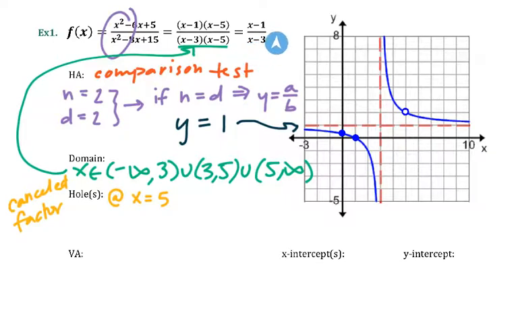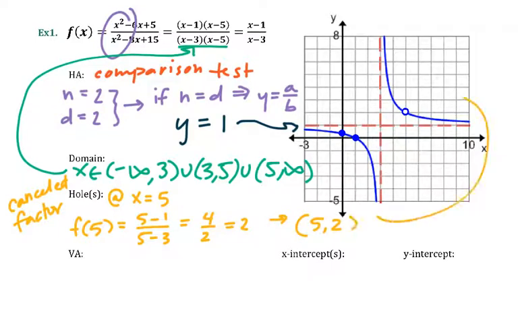So I plug 5 into my reduced version. f of 5 is 5 minus 1 over 5 minus 3, which gives me 4 over 2, or 2. We can see there's a hole at 5, 2, right there. Because that 5 canceled, that's where the hole occurs.